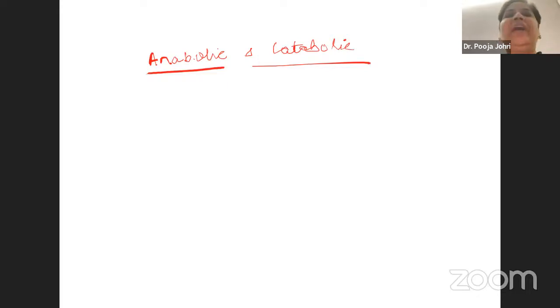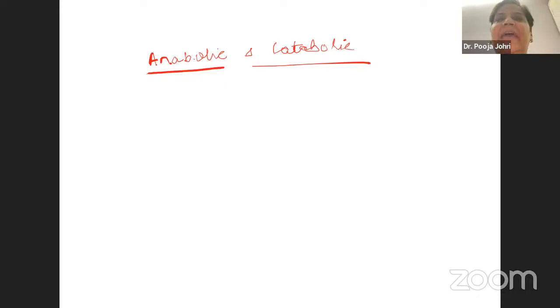So anabolic and catabolic processes. Now, beta, if you talk about anabolic and catabolic processes, you should know what is basically the difference. How do we understand the term?